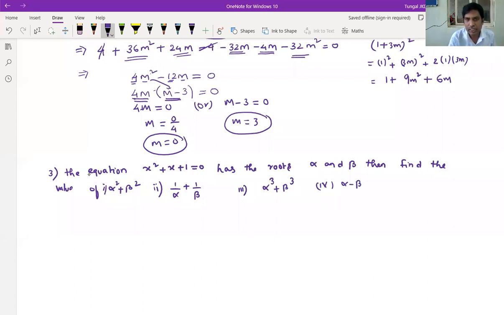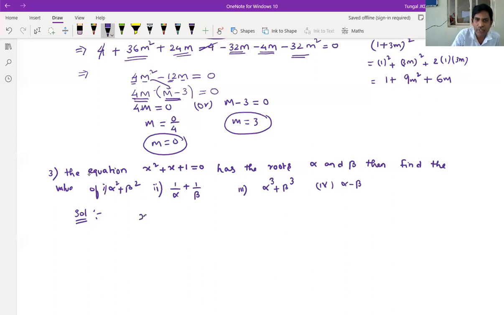See, the question: the equation x square plus x plus 1 is equal to 0 has the roots alpha and beta. Alpha and beta are the roots given. Then we have to find one by one. That four sub questions are there, no? Those four we have to find out. See, the solution: if you know, you can solve. Else, observe how I am solving the question.